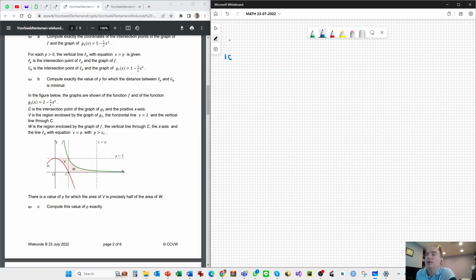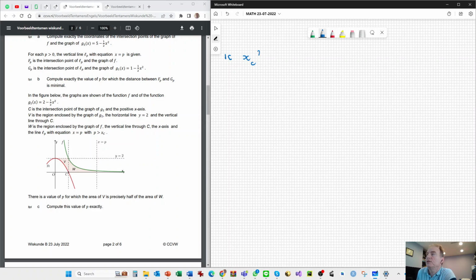Well, we have to find the x-coordinate of point C, which is defined here. So we set g2 equal to 0, so what's xc?